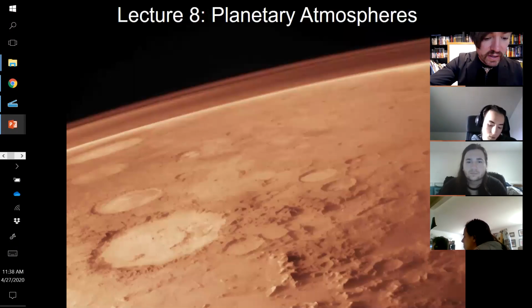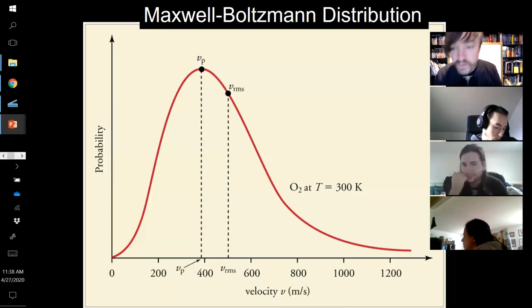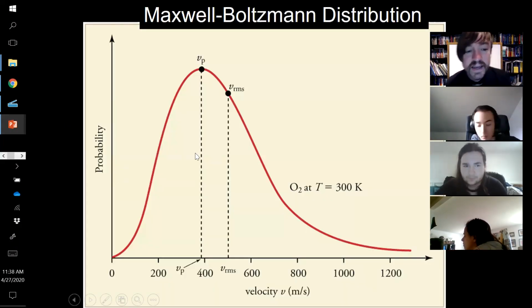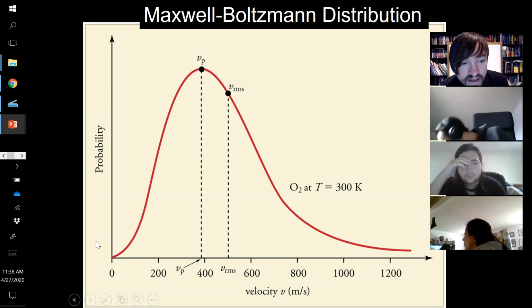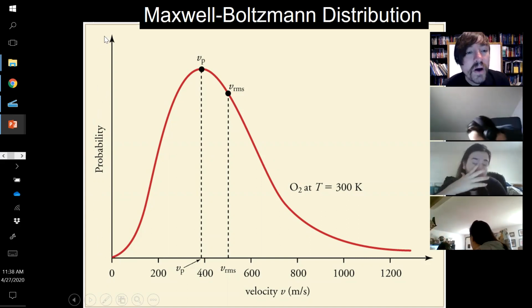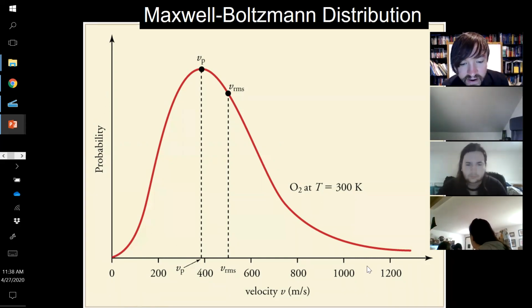Now, I'm worried that in our last class, this was at the end when you were getting mind fatigue. This says probability, but what the y-axis really is plotting is the number of particles that have speed x, which you see here on the x-axis.